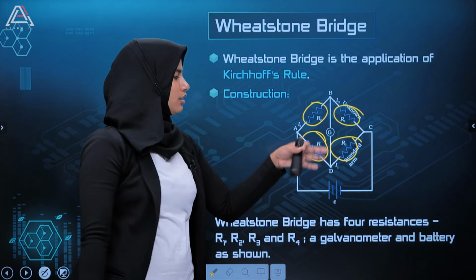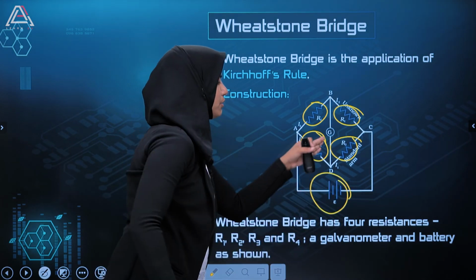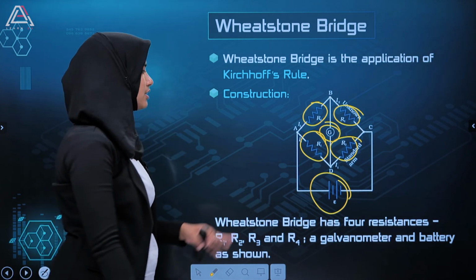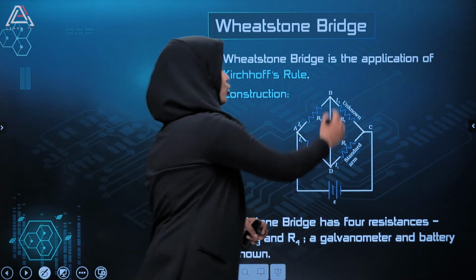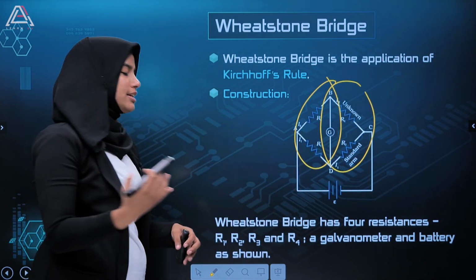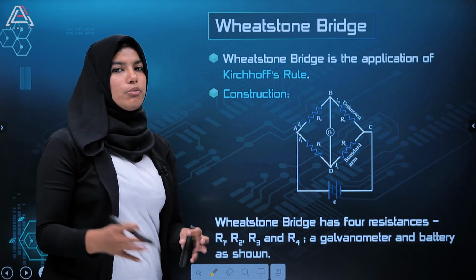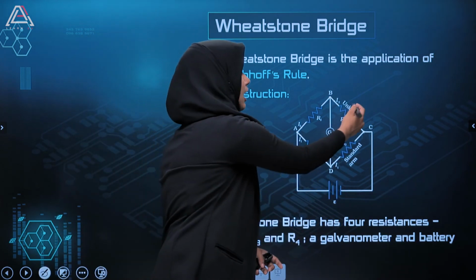They are externally connected to a battery, and in between there is a galvanometer. So the figure is clear to you. Here you can see 2 loops. We will be determining the values of these 2 loops separately, and we will find the unknown resistance, which is represented as R4.